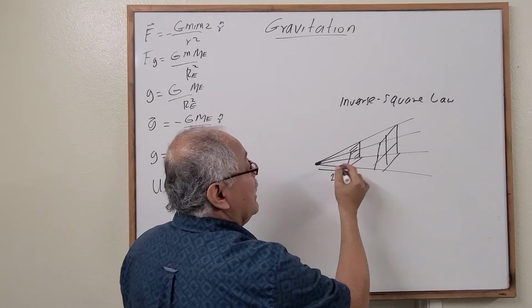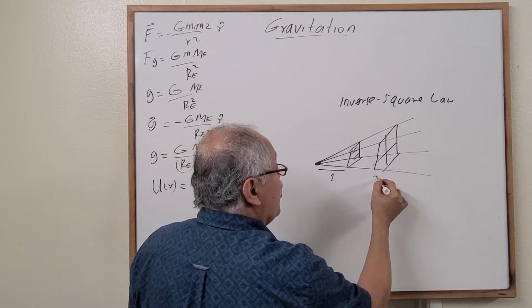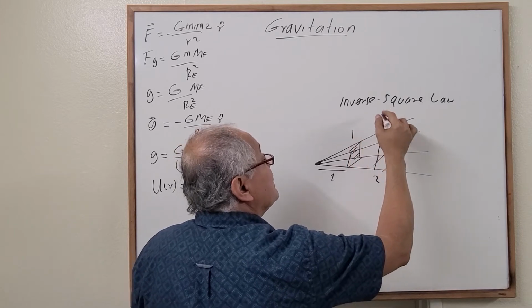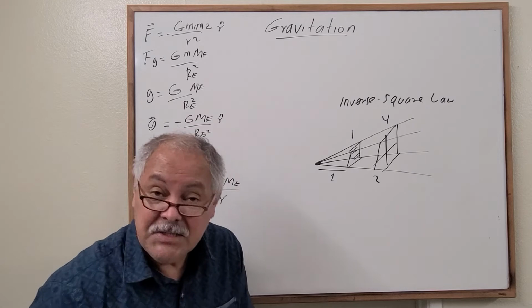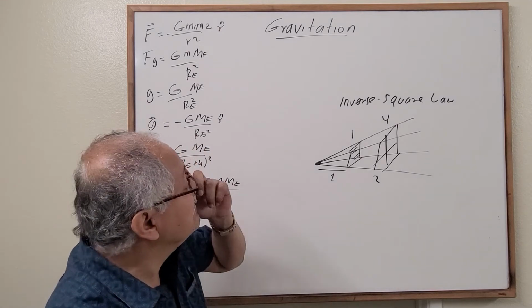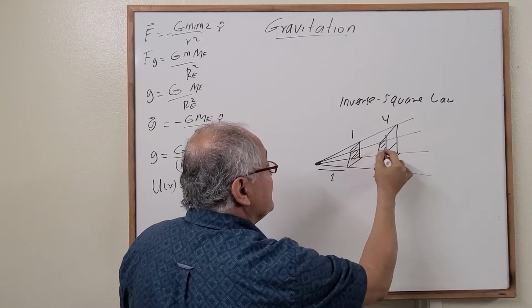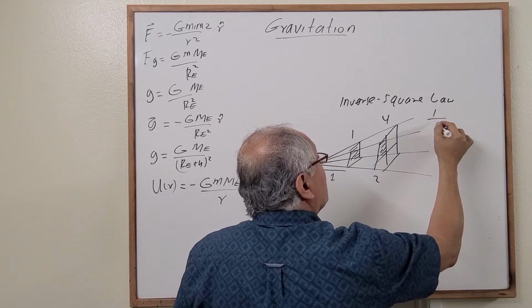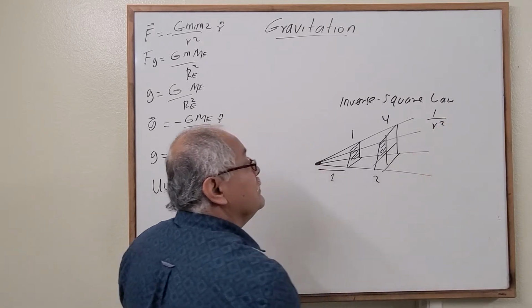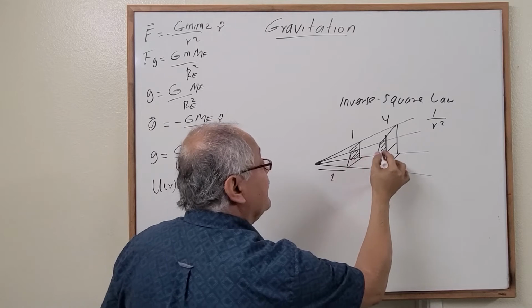Now, when that happened, this is twice the distance. This is 1. This is gonna be 4. But what about the intensity? Imagine we're dealing with the intensity. Well, because this area is the same as this area, actually the intensity is gonna be 1 over r squared, correct? For the same area.